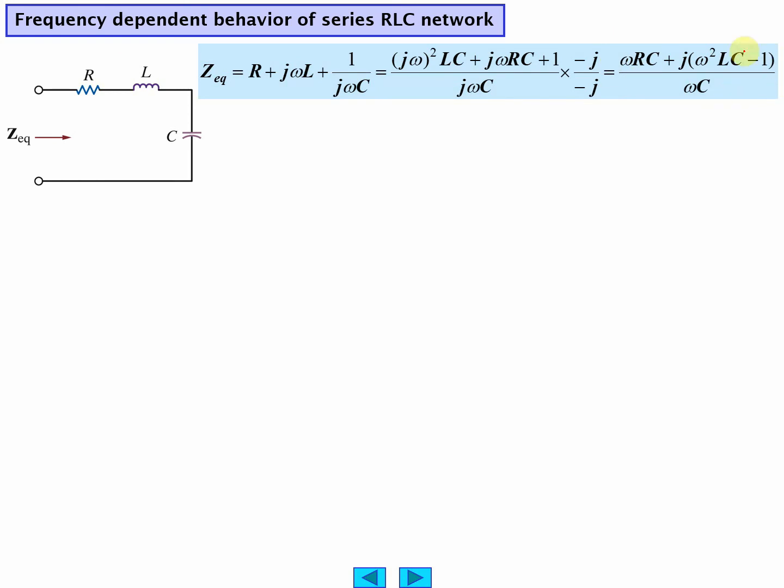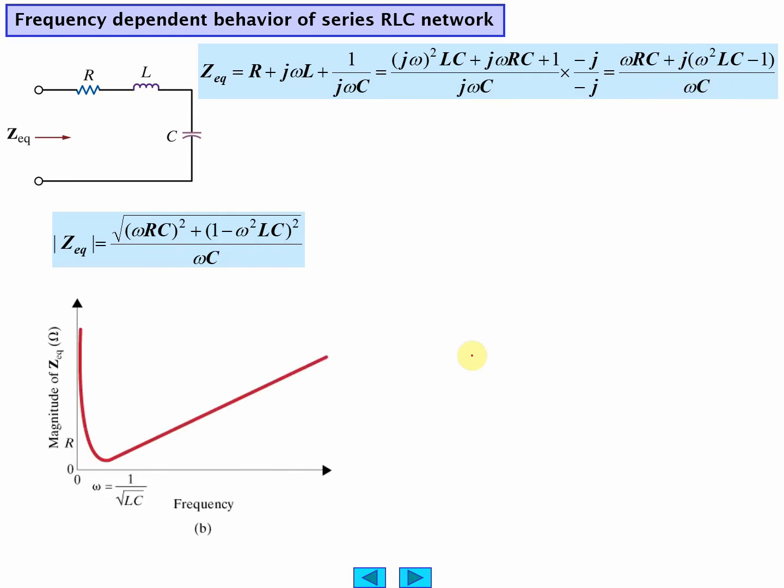So we get the form of this equation right here. So the magnitude of the equivalent impedance is going to be the square root of the sum of these two squares divided by omega C. And there's your amplitude. Frequency on the x-axis, magnitude on the y.